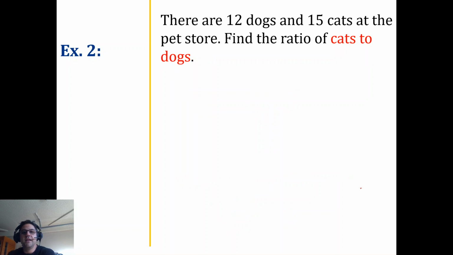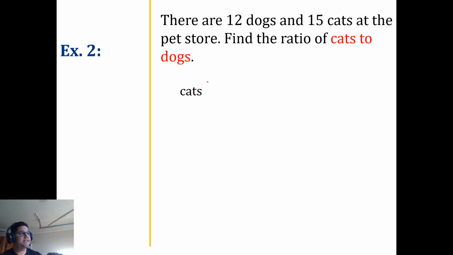All right. There are 12 dogs and 15 cats at the pet store. Find the ratio of cats to dogs. And notice this time, it did not give you dogs first when it's talking about the ratio. Even though dogs are written first in the sentence, does not mean that we write it first for our fraction.